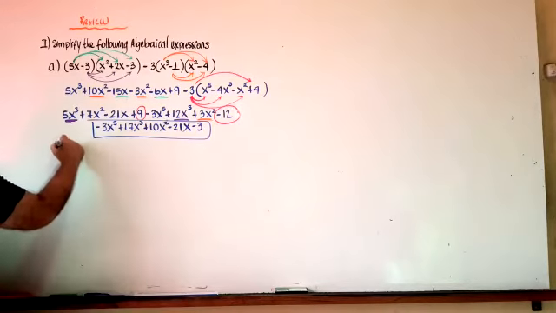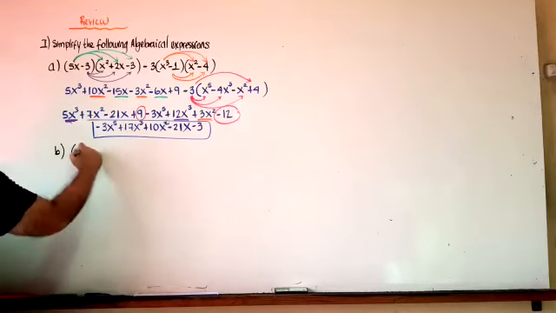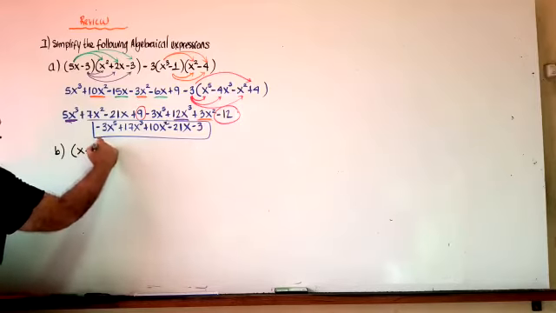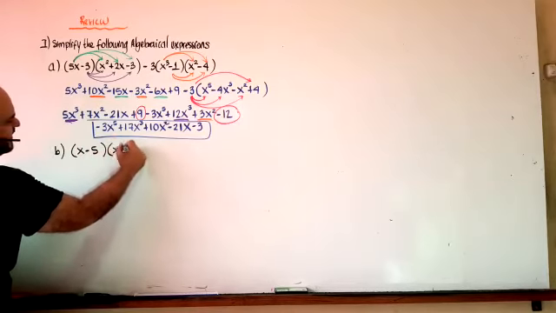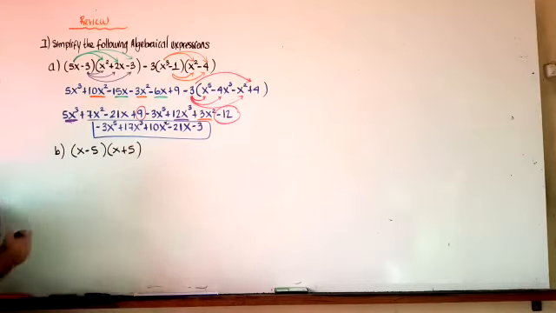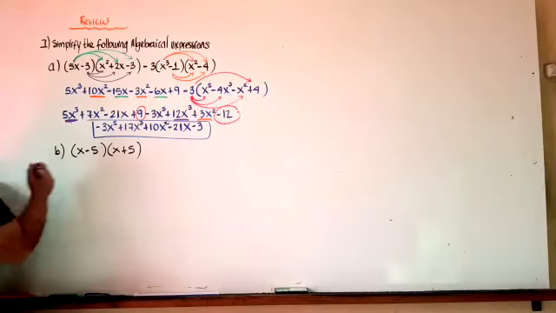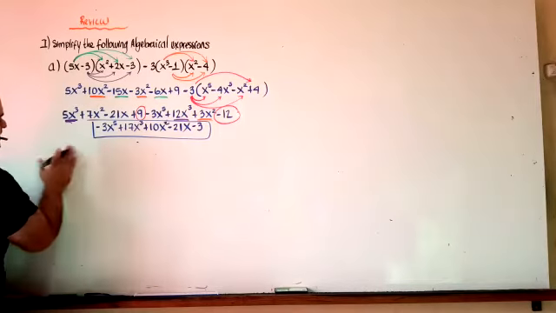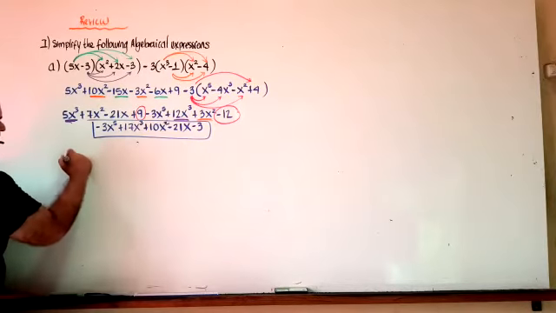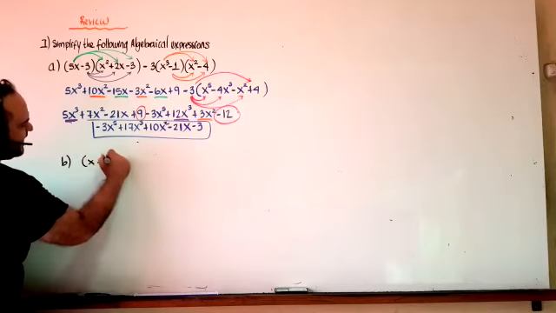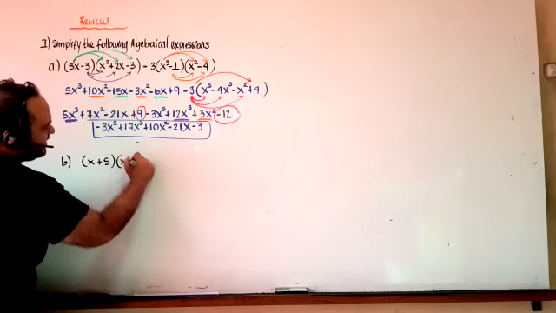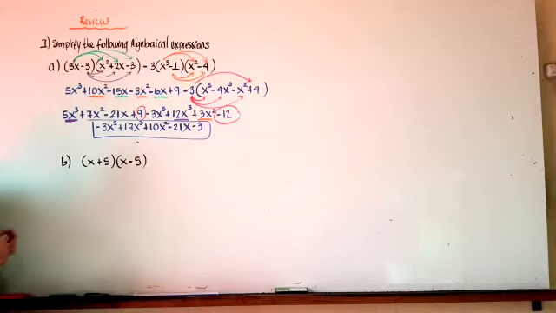Okay. For example, if we have x minus 5 multiplied by x plus 5. I know if we compare this exercise with the previous one, it's a kind of joke, right? I'm going to do it over here, a little bit downward. Same problem: x plus 5 times x minus 5.